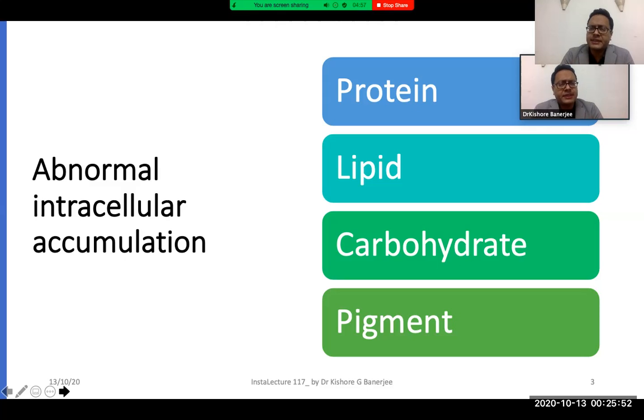In glycogen storage diseases, we can get abnormal glycogen accumulation. In some diseases, abnormal pigment accumulation could occur, like hemosiderin accumulating in hemochromatosis, hereditary or acquired. So abnormal accumulation of protein, lipid, carbohydrate or pigment could lead to many diseases. And now we are going to learn the 4 key mechanisms through which this abnormal intracellular accumulation occurs.